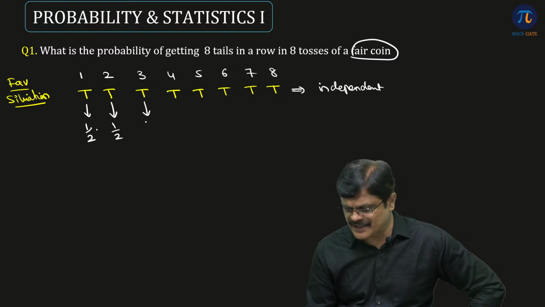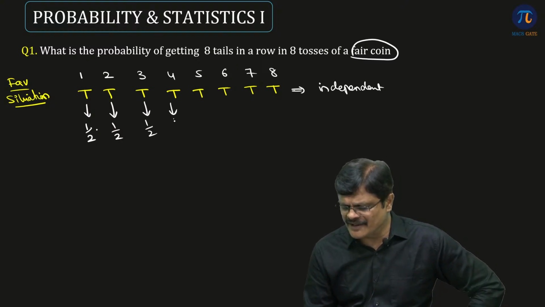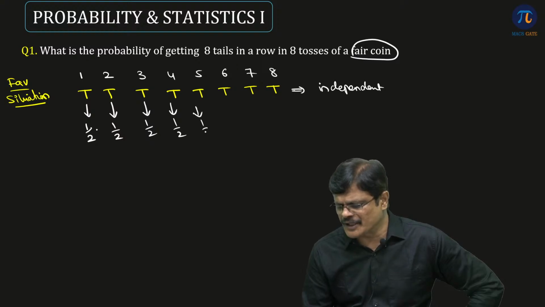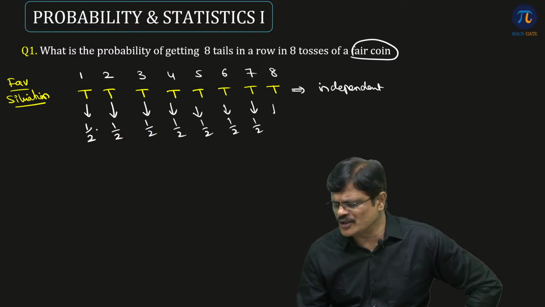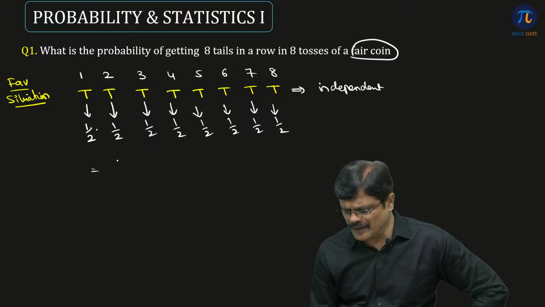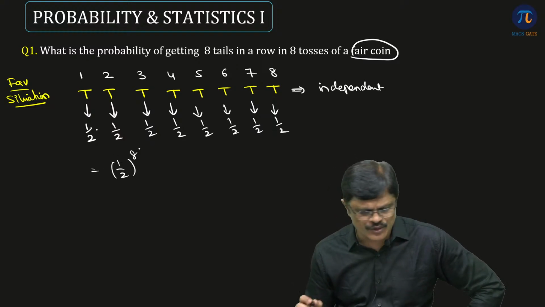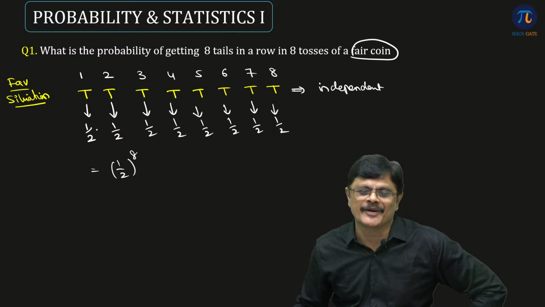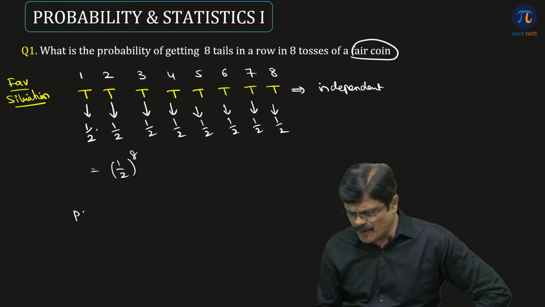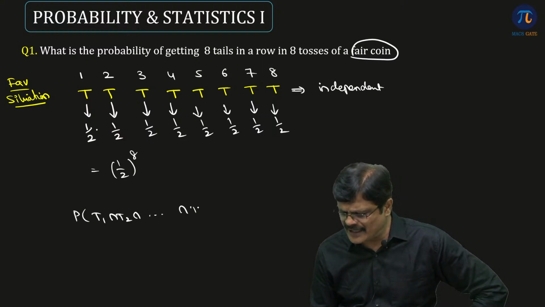Probability of tail in the third toss 1 by 2. Tail in the fourth toss 1 by 2. Tail in the fifth toss 1 by 2. Sixth toss 1 by 2. Seventh toss 1 by 2. Eighth toss 1 by 2. So 1 by 2, 1 by 2, 1 by 2, how many times? 8 times. So what is the probability? 1 by 2 whole power 8. Actually it is probability of tail in first toss, tail in second toss, and so on, tail in 8th toss.